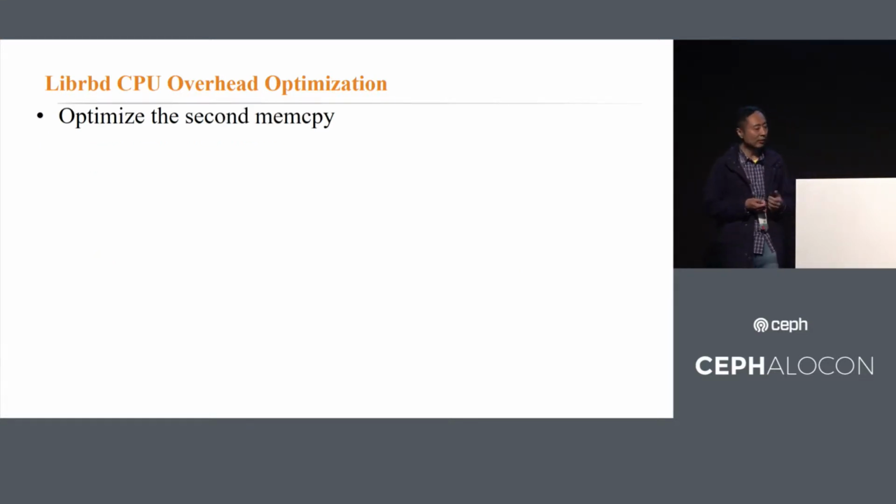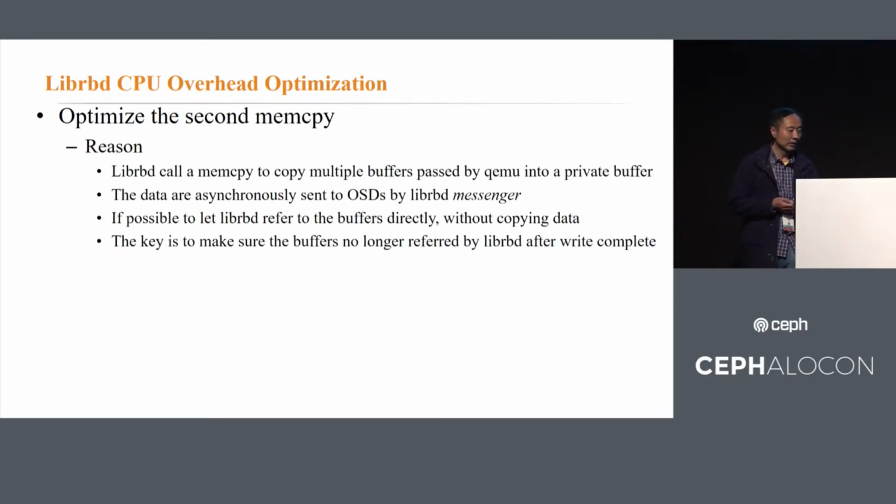The second memcpy is issued by librbd itself. Why does librbd call this memcpy? It copies the multiple buffers passed by qemu into one private buffer. Why does it bother to do this?